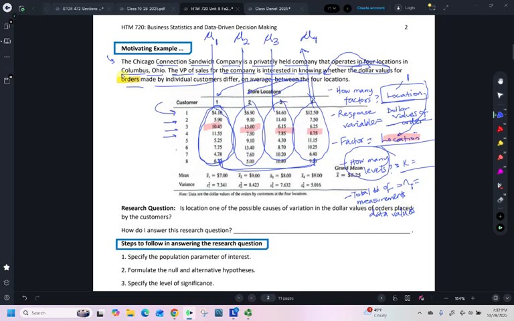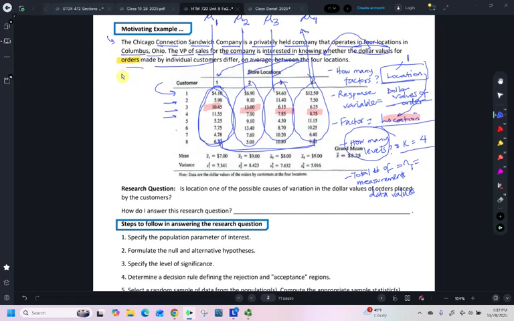So we usually denote that as K, and that is equal to 4. What is the total number of measurements or data values that we've collected? For each location, we collected 8 data values. So 8 times 4, that will be 32. So N subscript T is 32.